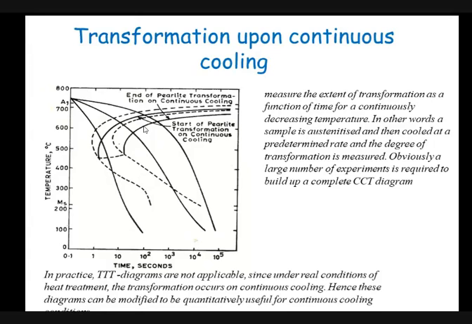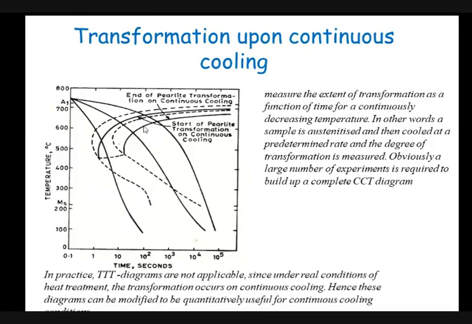The best practice in industry is that we need to cool continuously. But in the TTT diagram, we are not cooling continuously. We are holding the samples one by one at different test temperatures. Remember how we constructed the TTT diagram?